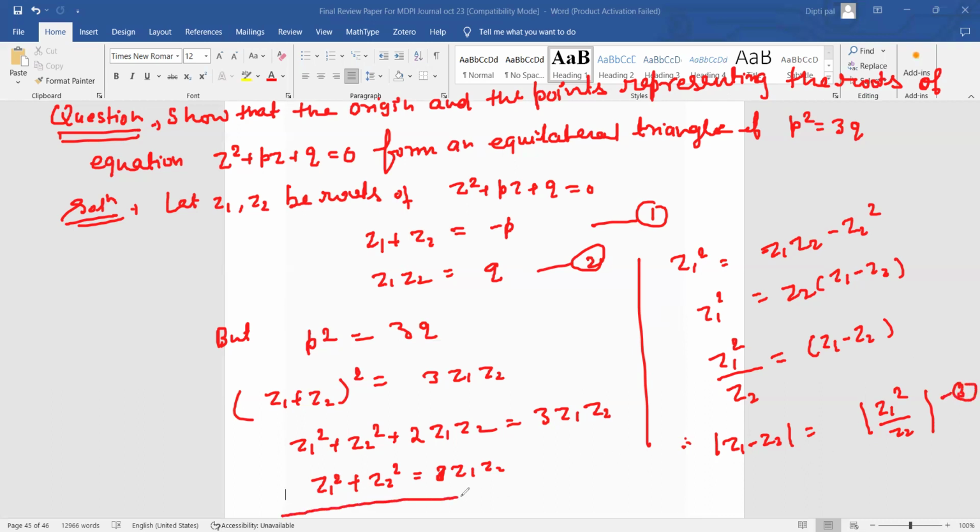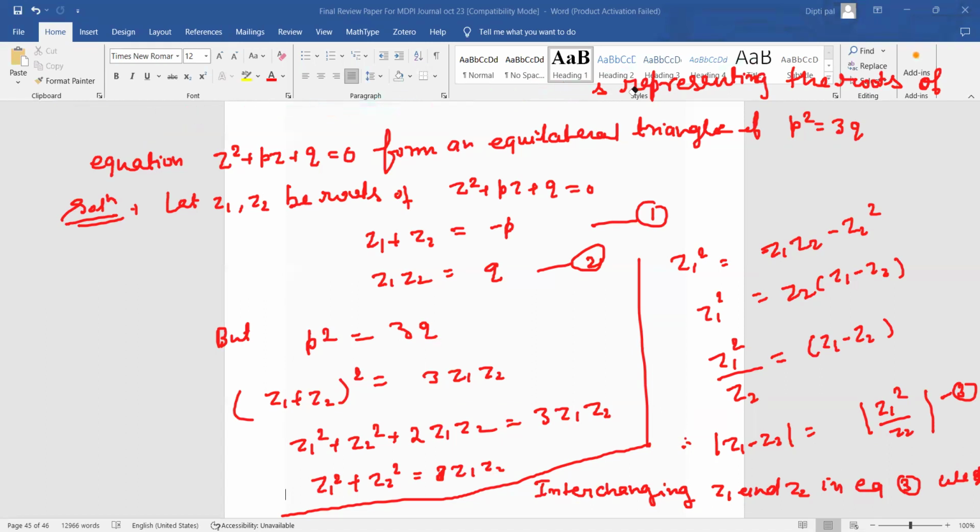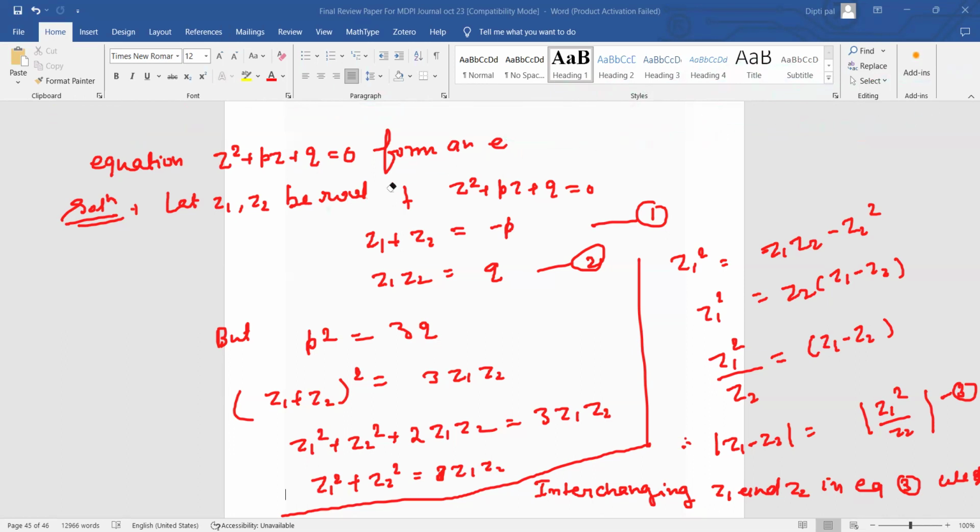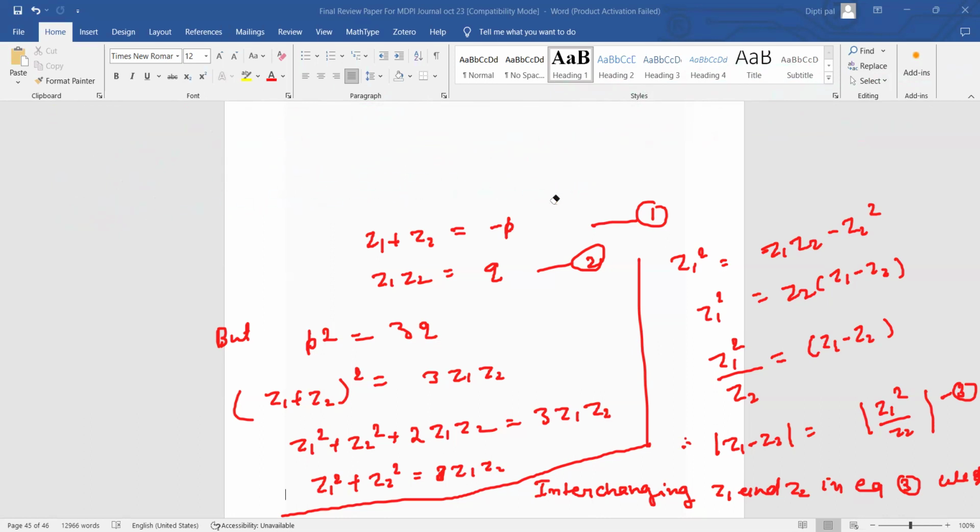So interchanging Z1 and Z2 in equation 3, we get Z2 square upon Z1 equal Z2 minus Z1. We know that the modulus is the same.